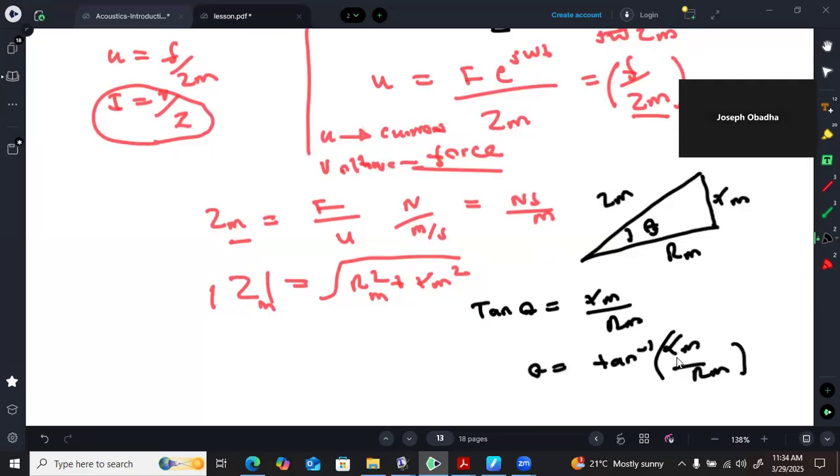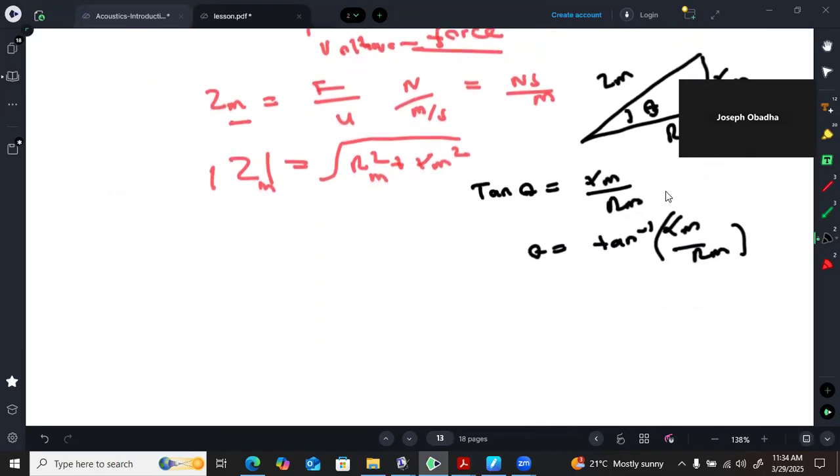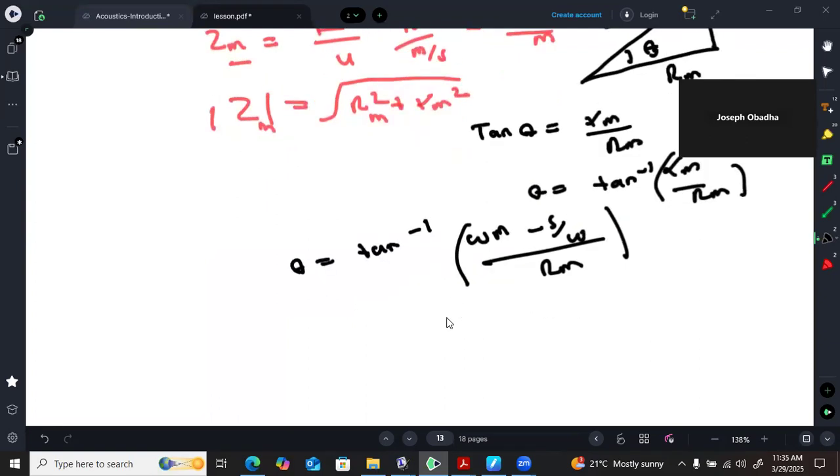And remember the power factor, we can also get it here, which is the cosine of this angle. Of course, if we put the values of Xm here, then theta equals tan inverse of (omega M minus S over omega) over Rm.